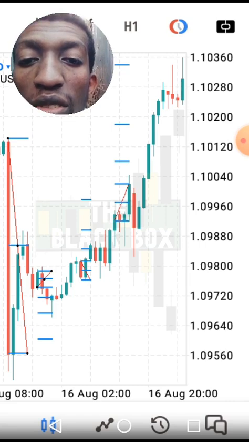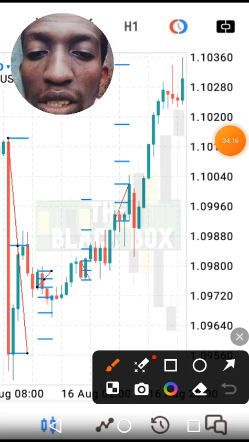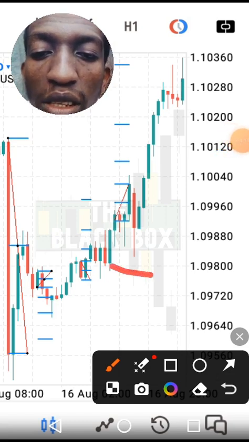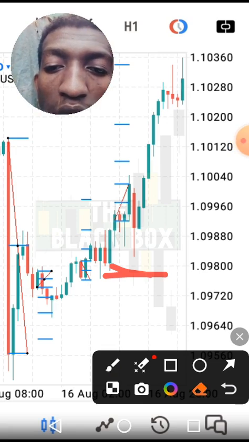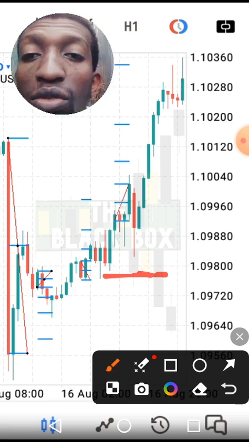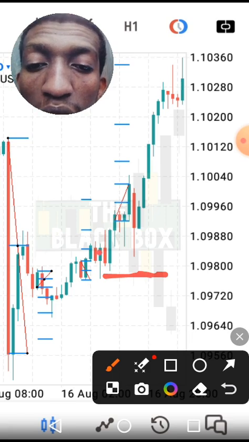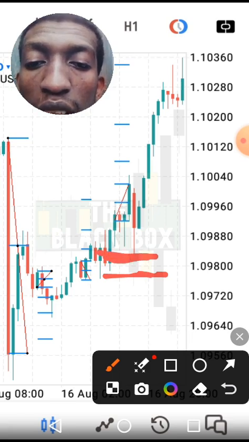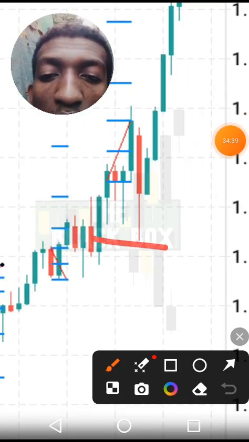If it was the full 5%, it would be down there. Let me clear this one. If it was the full 5%, it will be down there. Since it is halfway, it should be halfway. Down there, it's halfway. It's below this.